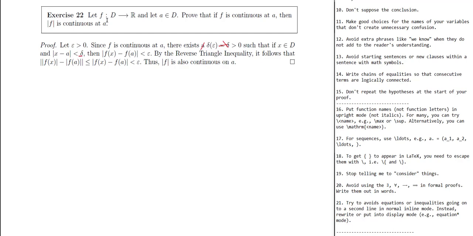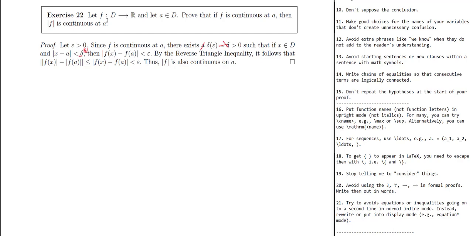Just call it delta of epsilon and put that in here. No need to save yourself that space by losing more space up above. So there exists delta of epsilon greater than 0 such that if x is in D and x and a are within delta of epsilon, then the difference between f of x and f of a is less than epsilon.